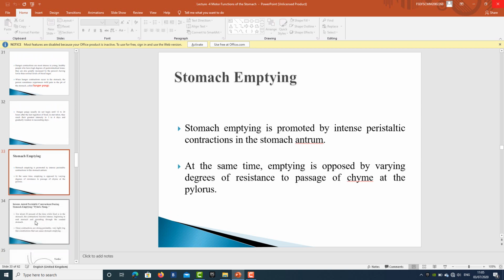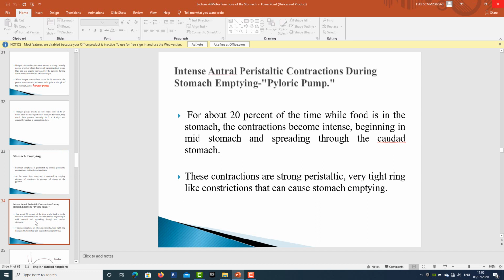Stomach emptying. Stomach emptying is promoted by intense peristaltic contractions in the stomach antrum. At the same time, emptying is opposed by varying degrees of resistance to passage of chyme at the pylorus. Intense antral peristaltic contractions during stomach emptying are known as the pyloric pump.